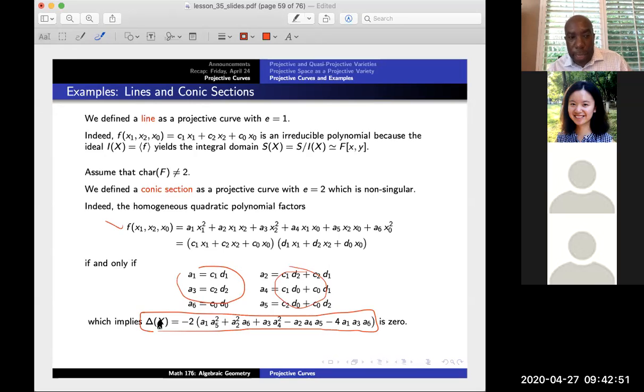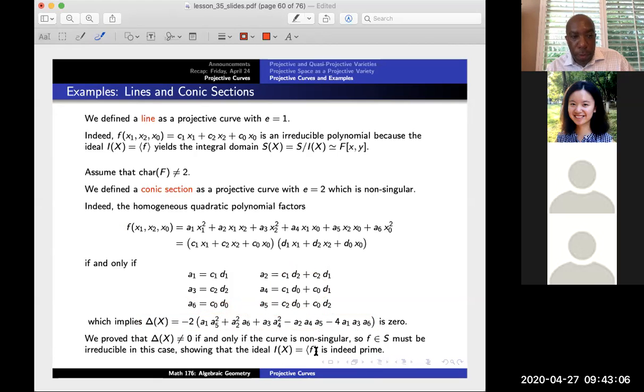And if you plug these a's into this delta of x, you would find that delta of x is equal to 0. So again, if it's not prime, then the discriminant is 0. You just plug everything in, you just check that you get this here. However, we proved that if the curve is non-singular, then the discriminant is non-zero, proving that the polynomial is irreducible.